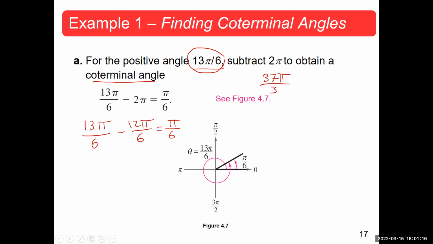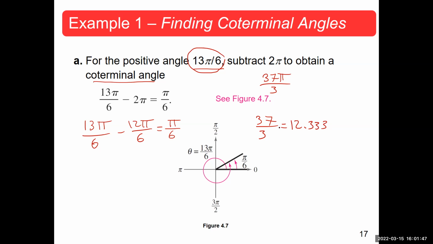It's easier to figure out the number of revolutions first. How much is 37 divided by 3? 12.333, like that.